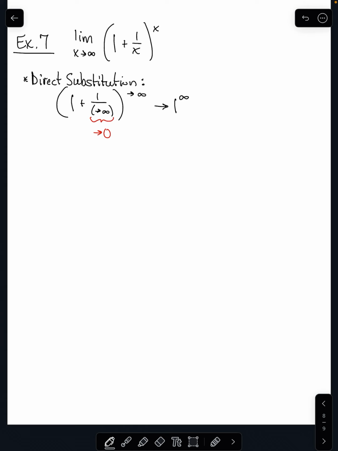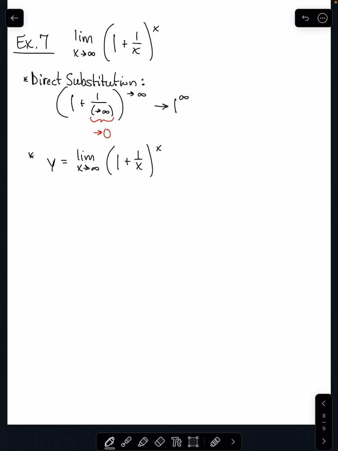Unfortunately, this is not as quick and easy as the previous example where we simply had to reciprocate one of the functions. In this case, in order to get this into the 0 over 0 or infinity over infinity form, we're going to need to be a little sneakier. What we can do here is write y equals the limit as x approaches infinity of 1 plus 1 over x, raised to the x.